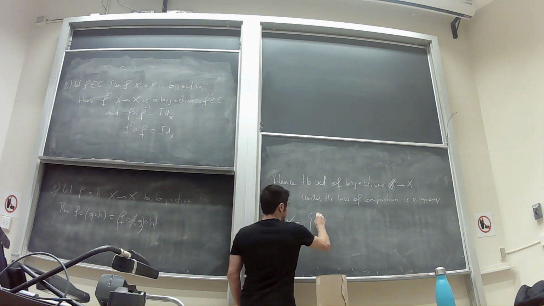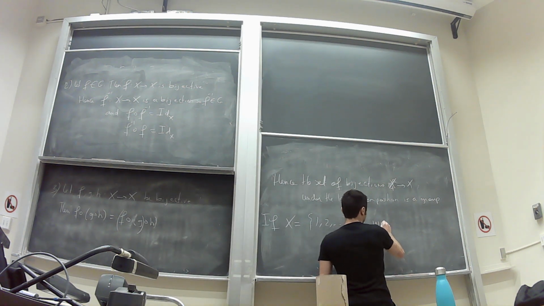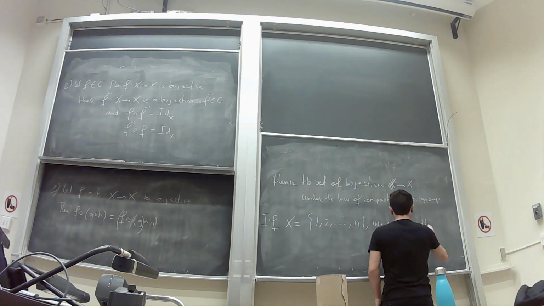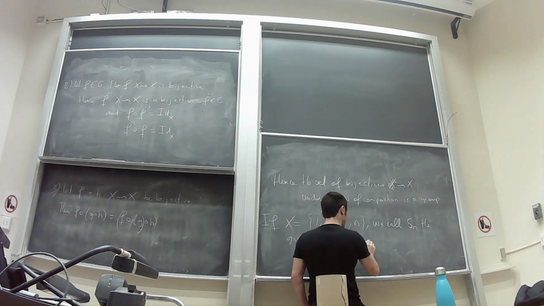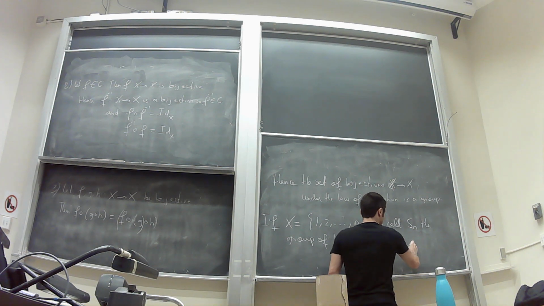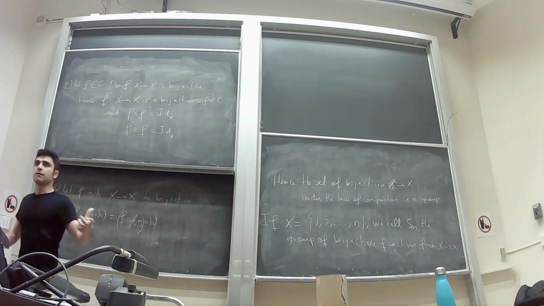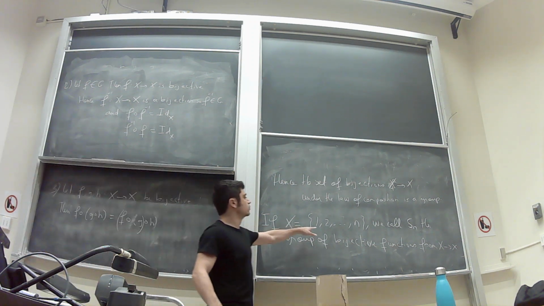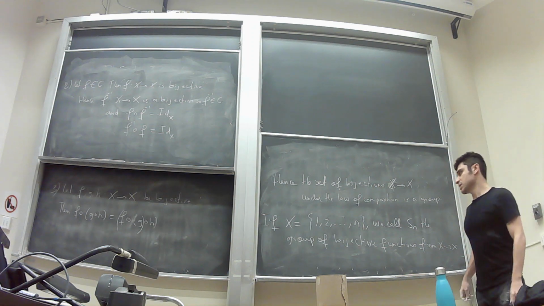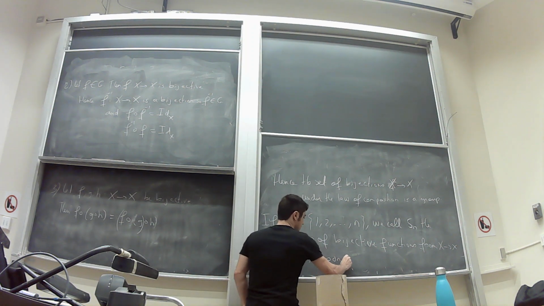Now, if X is the set of integers from 1 up to n, we call S_n the group of bijective functions from X to X. So if you have a finite set, 1 up to n say, then the group of bijective functions from 1, 2, to n to itself is called S_n, S being the symmetric group, the symmetric group on n letters.